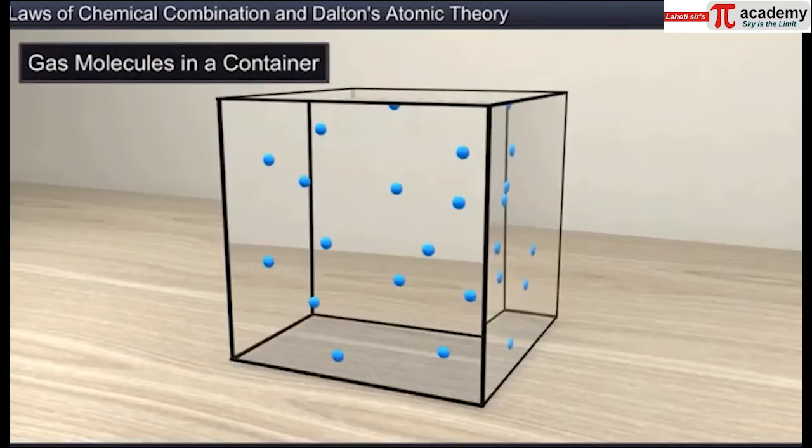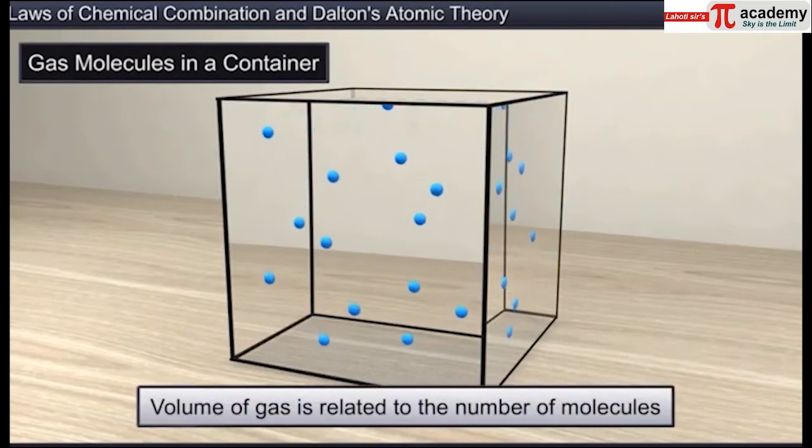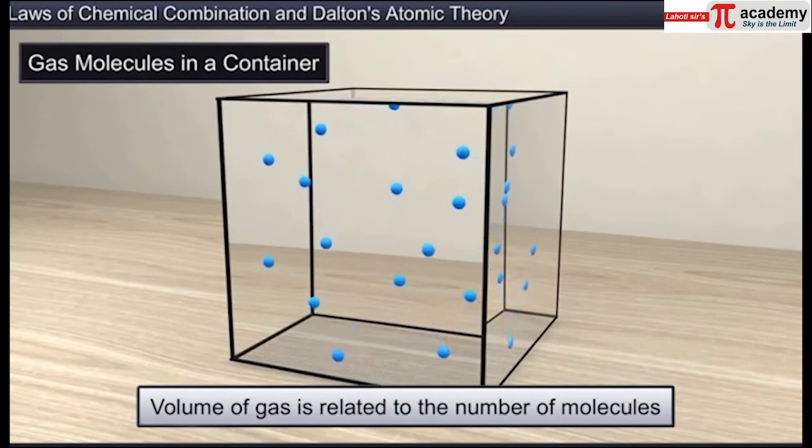He concluded that since the smallest particle of a gas, which can exist independently, is a molecule and not an atom, hence the volume of gas must be related to the number of molecules.